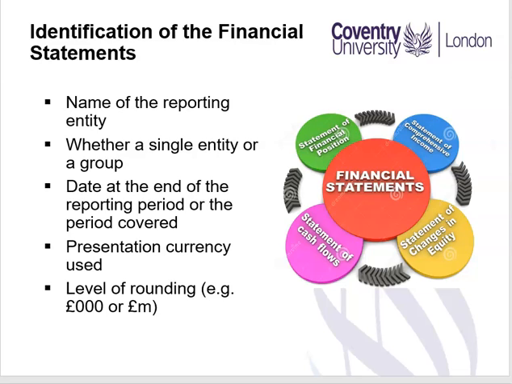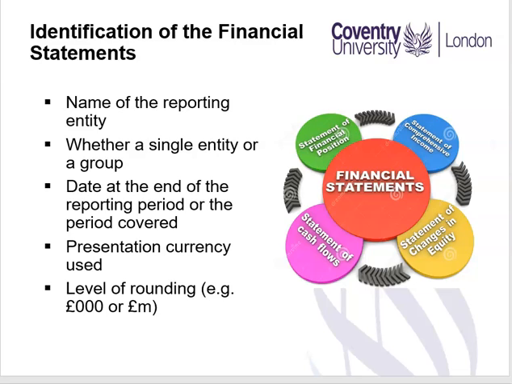Now that we've looked at the format, the formal contents of the forms of the accounts, let's have a look at the content. First of all, identification of the financial statements. The name of the reporting entity must be conspicuously displayed, so everyone knows the name of the reporting entity.